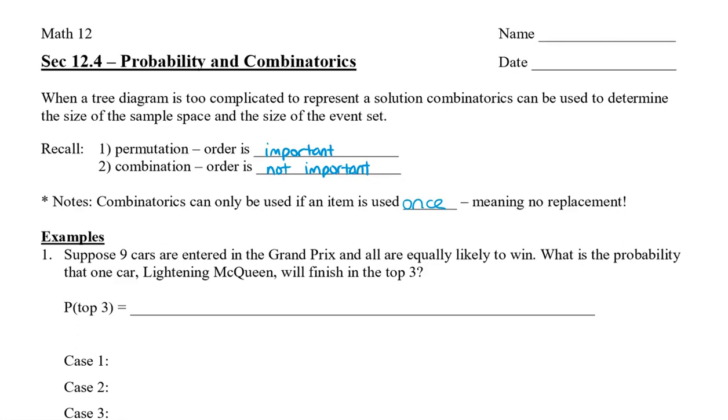So the probability of finishing in the top 3 is equal to the number of ways in which Lightning McQueen is in the top 3 divided by the total number of possibilities, or total number of possible race finishes.